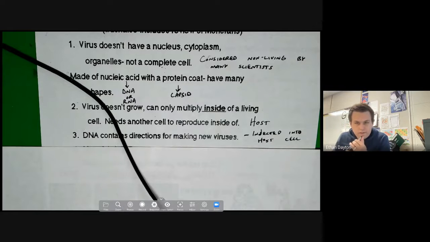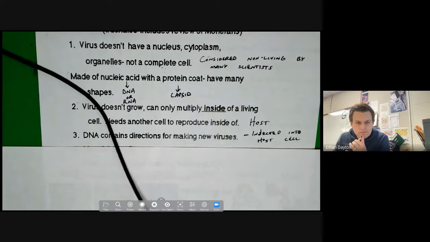What is that? That's my tongue. Wow. Wow.